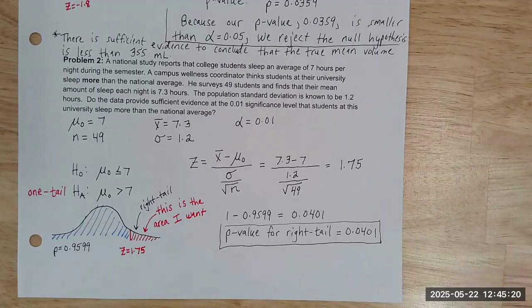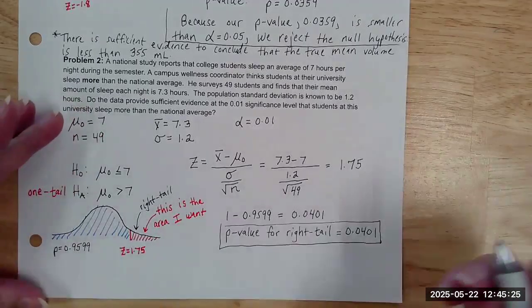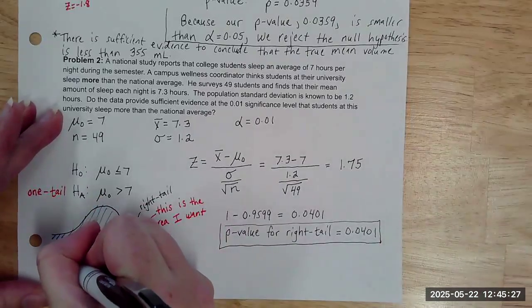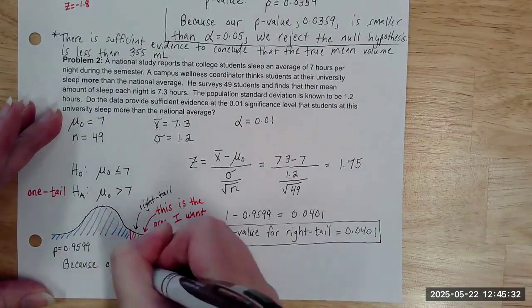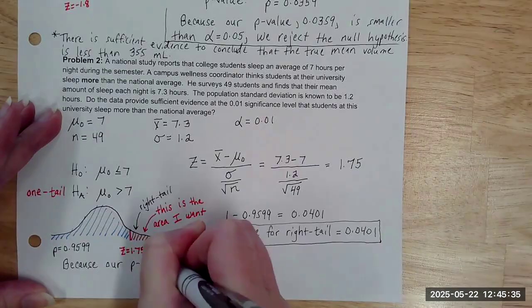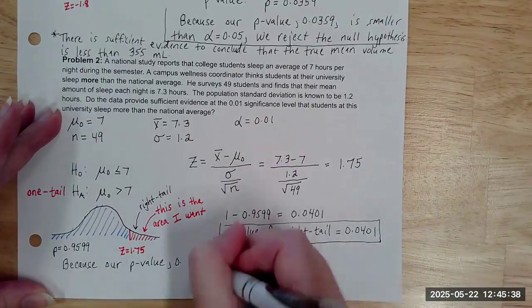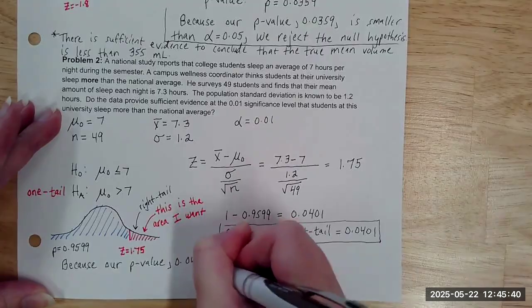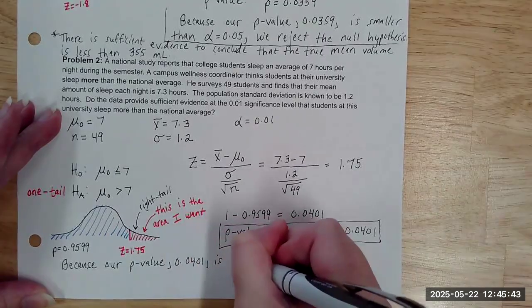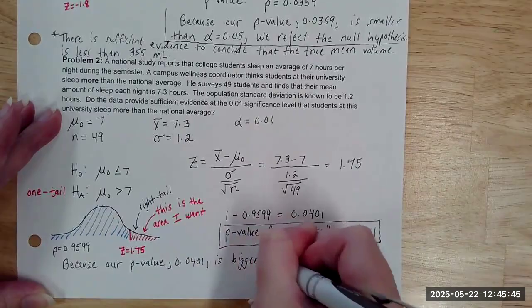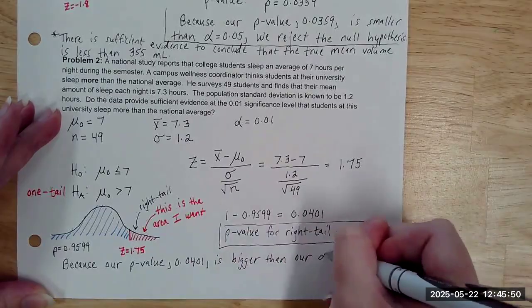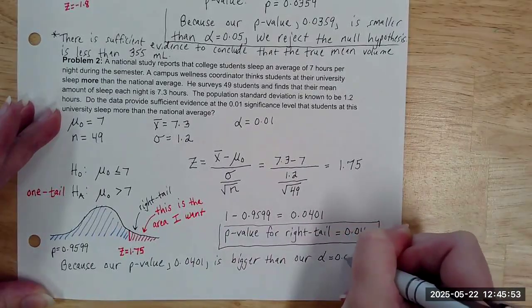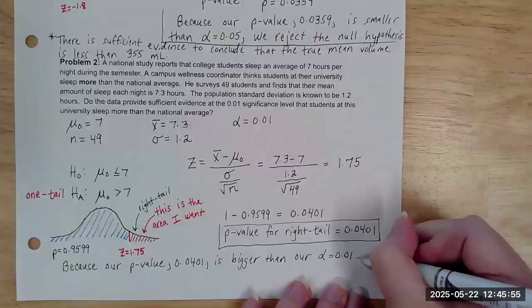So because this happened, we have to fail to reject the null hypothesis. So I'm going to say because our p-value 0.0401 is bigger than our alpha, we fail to reject the null hypothesis.